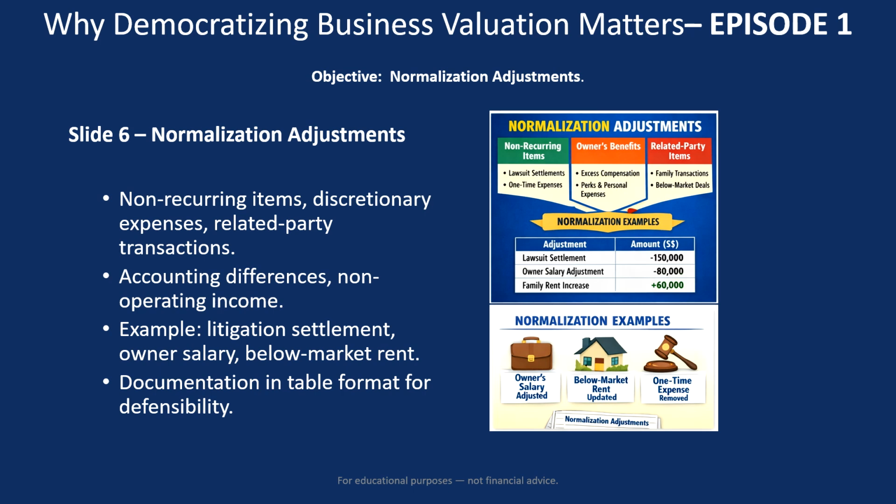Related party transactions: an owner who rents the business premises from his own holding company at below-market rates is effectively subsidizing the business, so you need to adjust the rent to the market rate. Similarly, family members on payroll at inflated salaries need to be restated. This adjustment reveals the true economic earnings power of the business.